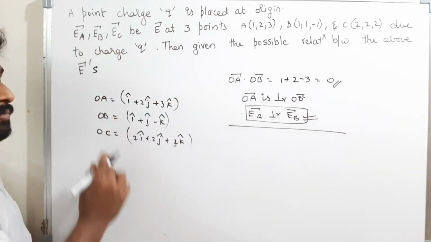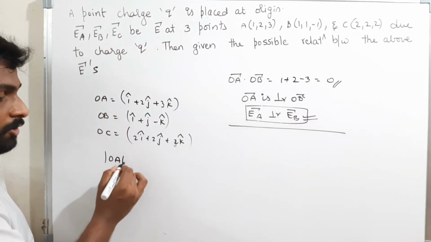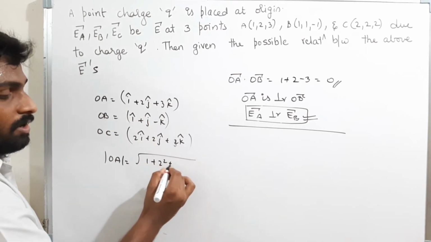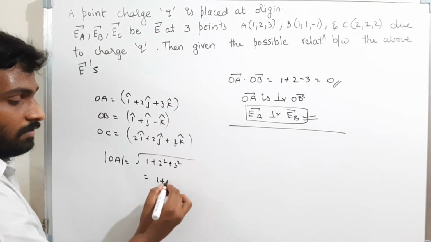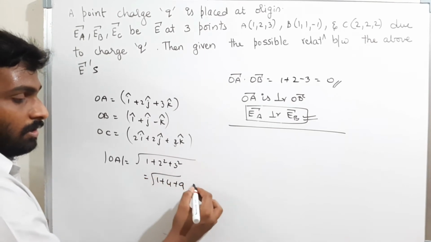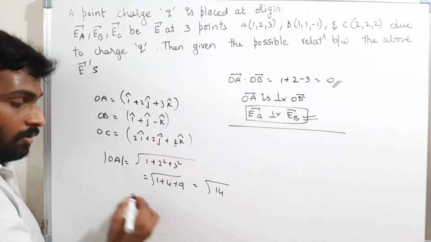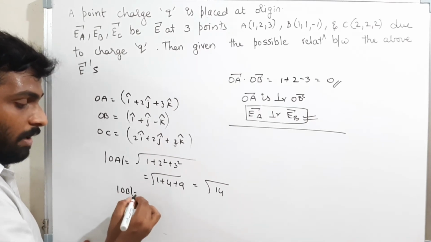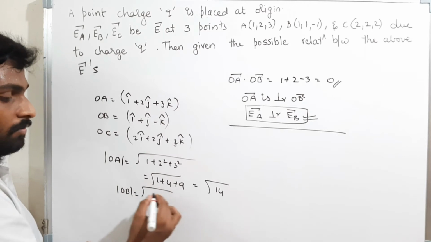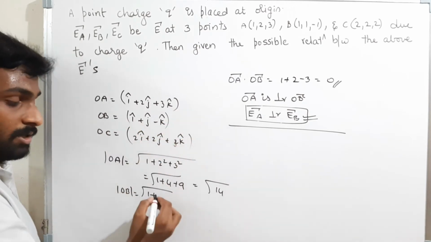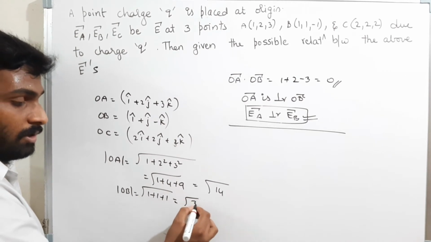Now what is the magnitude of OA? The magnitude of OA is root of 1 square plus 2 square plus 3 square. That is 1 plus 4 plus 9, which is root 14. Okay, now what is OB? The magnitude of OB is root of 1 square plus 1 square plus 1 square, that is 1 plus 1 plus 1, which is root 3.